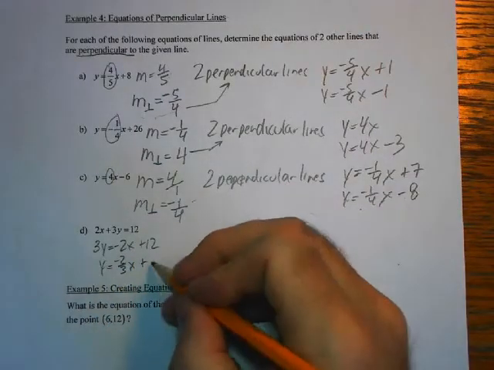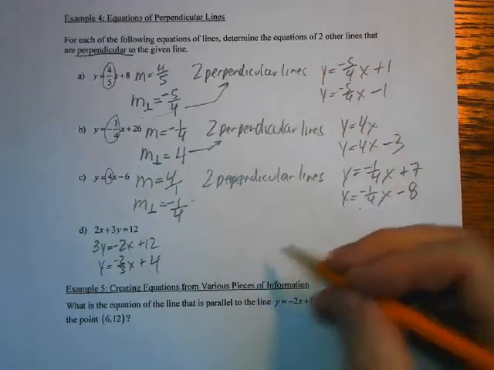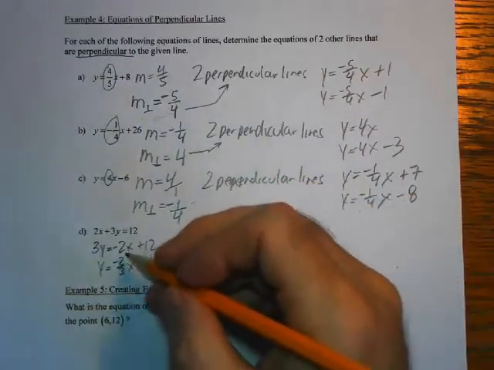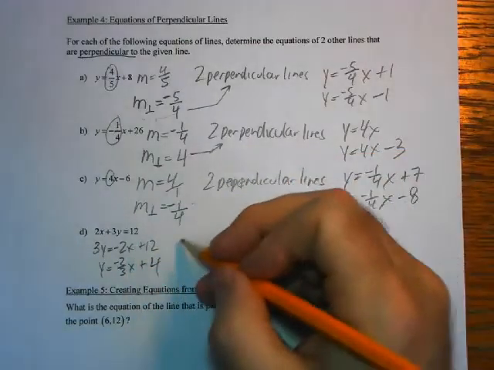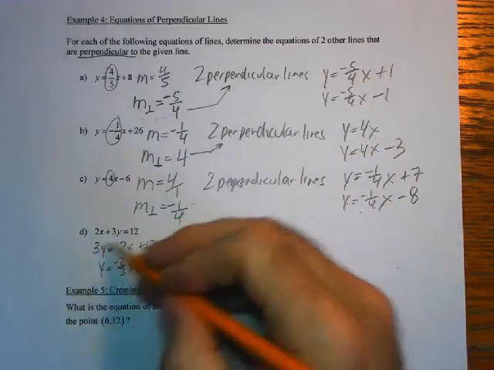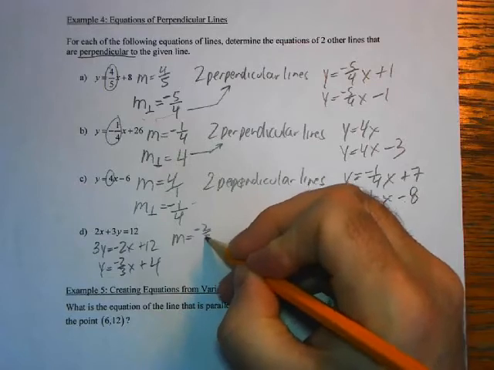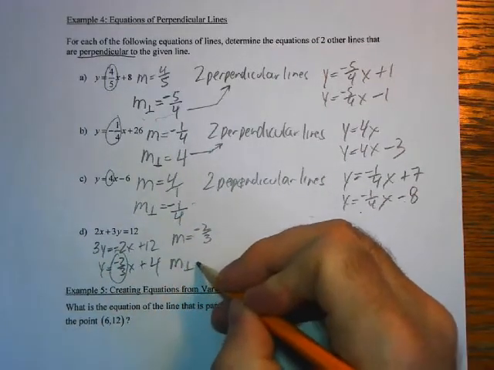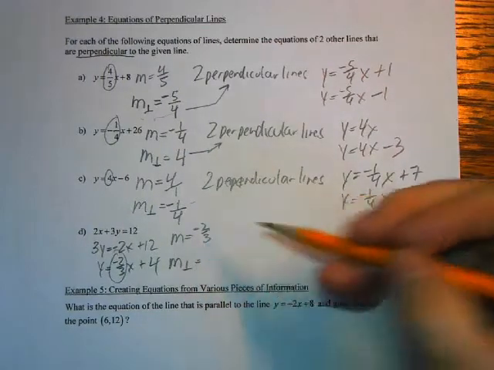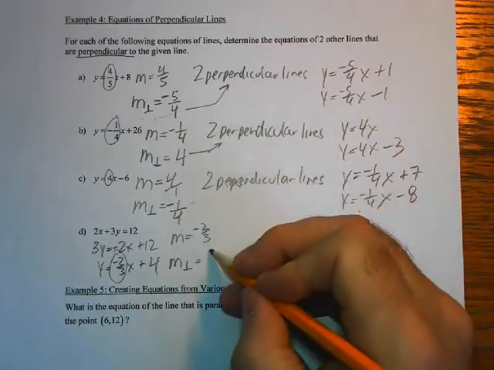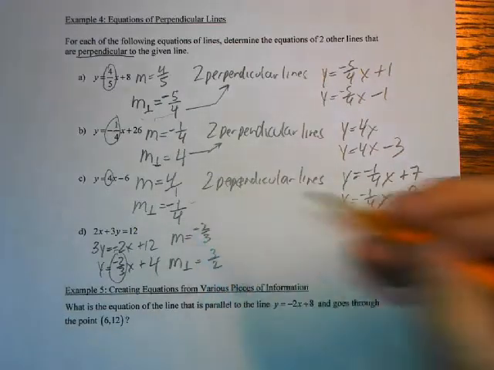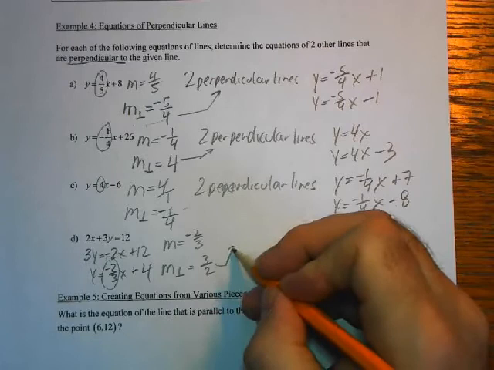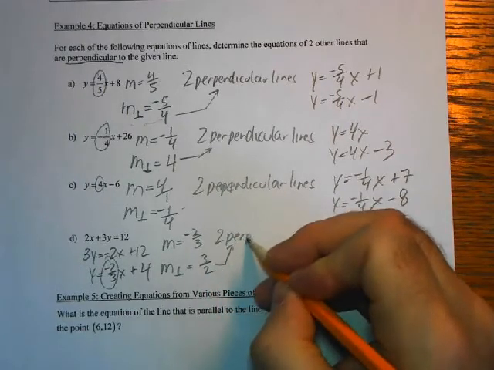And 12 divided by 3 is 4, so that is the same rearrangement from example 3. So this time, just like last time, the slope for this line is -2/3. And if I want the perpendicular slope, flip the fraction, so that becomes 3/2, and flip the sign, becomes positive. So we use this for our 2 perpendicular lines.